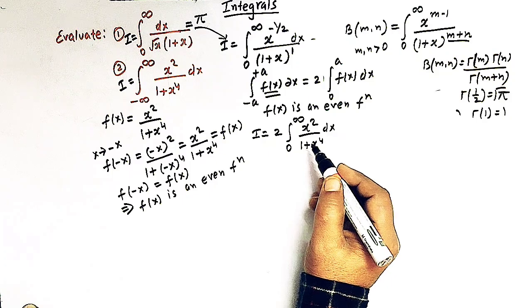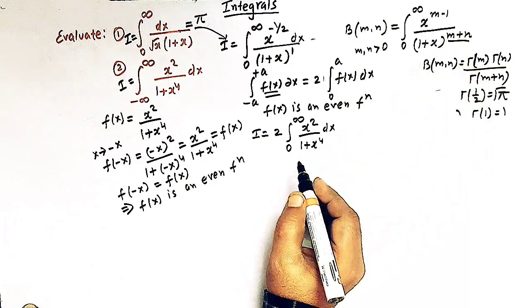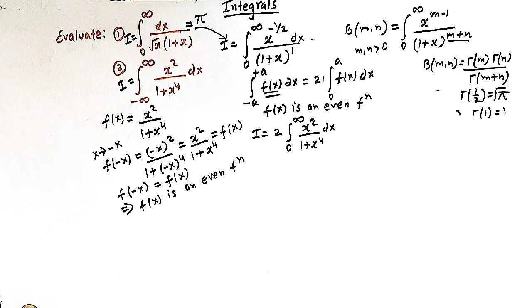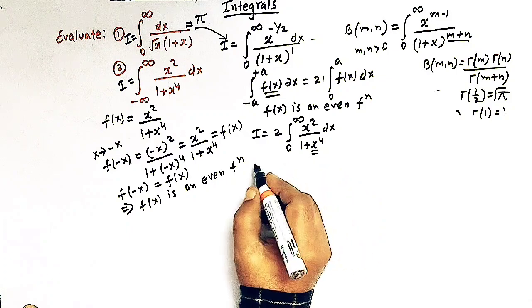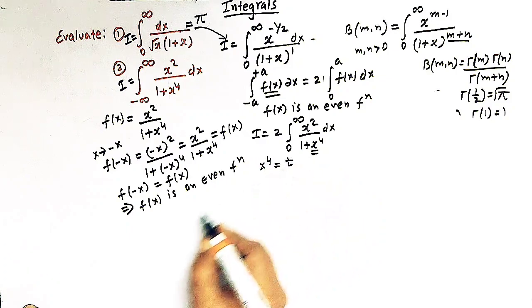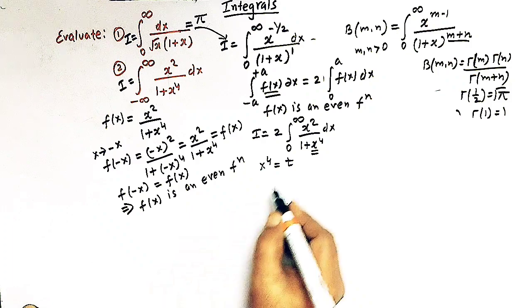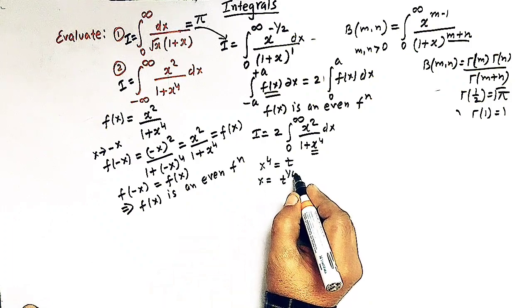So to convert this integral into this form, we have to make use of the substitution method. And for applying the substitution method, we'll take x raised to 4 is equal to some variable, say t. So x is now equal to t raised to 1 by 4.